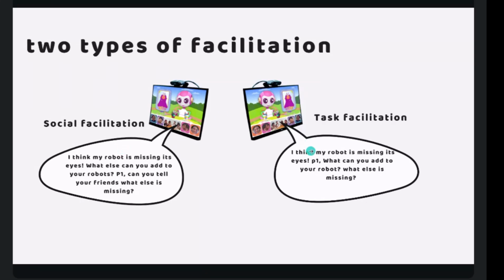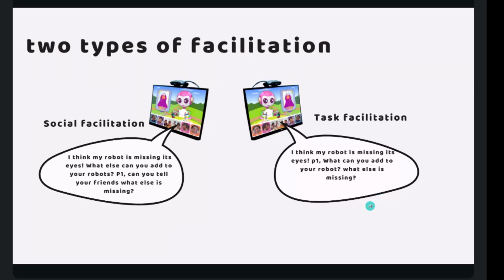And the other group, the control group, interacted with Amit, and Amit offered task facilitation. This was a narrative that promoted the game or participation in the activity without putting emphasis on the social aspect of it.